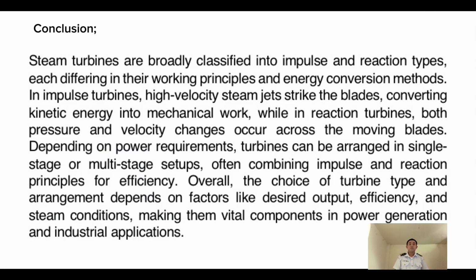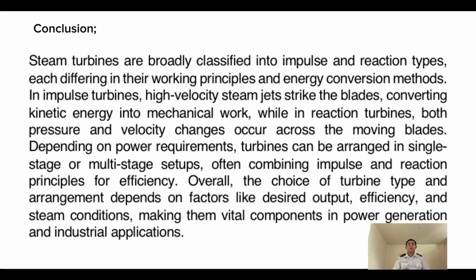Conclusion: steam turbines are broadly classified into impulse and reaction types, each differing in their working principles and energy conversion methods. In impulse turbines, high velocity steam jets strike the blades, converting kinetic energy into mechanical work, while in reaction turbines, both pressure and velocity changes occur across the moving blades.